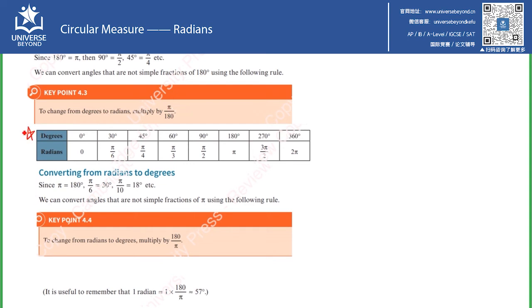And for these special degrees, 30, 45, 60, 90, 180, 270, 360, there are some typical degrees between 0 and 360 degrees. So it's very important to remember the radians for these degrees.